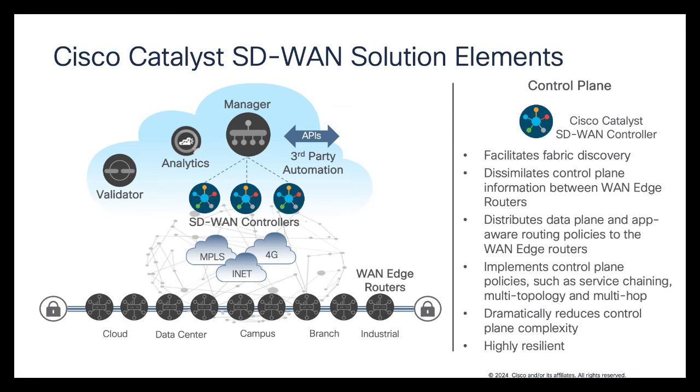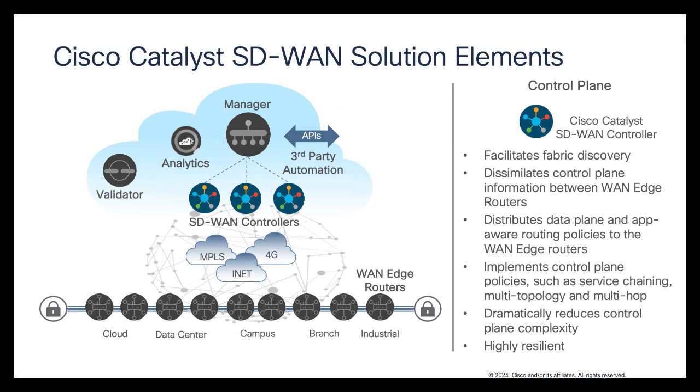The information includes LAN side reachability, transport side IP addressing. In our case, any OT devices connected to the network behind the WAN edge routers can be advertised through the overlay management protocol and be advertised to other WAN edge routers as well for full end-to-end connectivity.